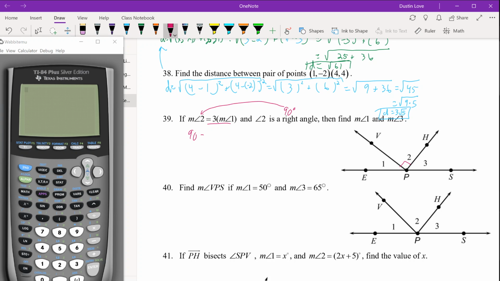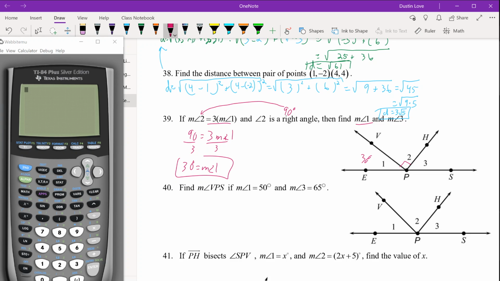So 90 is equal to 3 times the measure of angle 1. Now I want to solve for the measure of angle 1 because that's one of the things I'm looking for. So just divide both sides by 3, and I know that 30 is equal to the measure of angle 1, so 30 degrees.